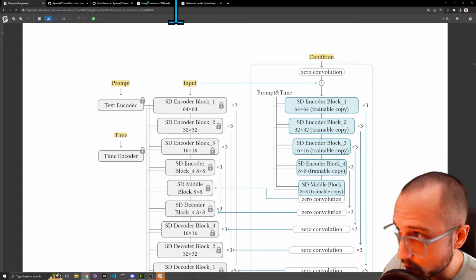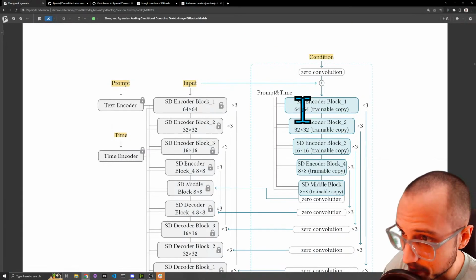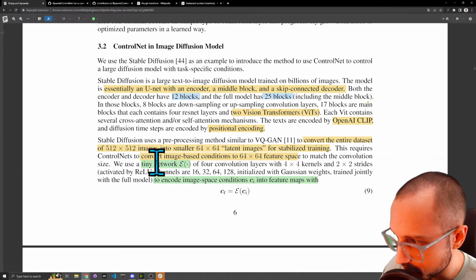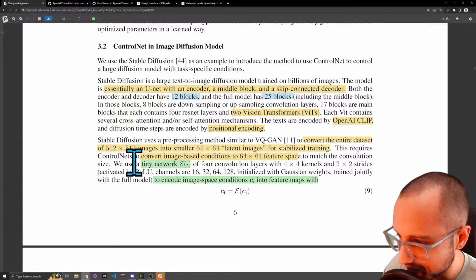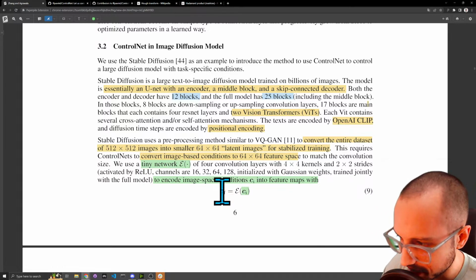So we need to figure out a way to turn our Canny edge image into a latent image. So how are we going to do that? The way that we're going to do that is we're going to make a different network, a tiny little convnet called E, or big epsilon. And we're going to feed our Canny edge image into that, and it's going to give us a latent image CF.